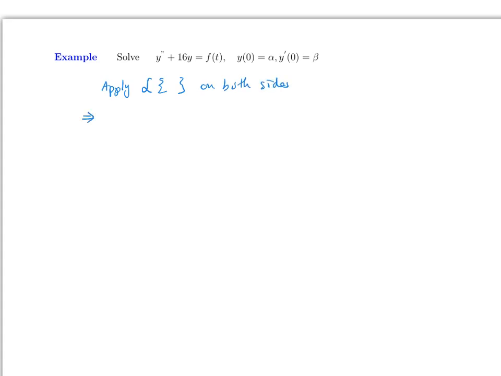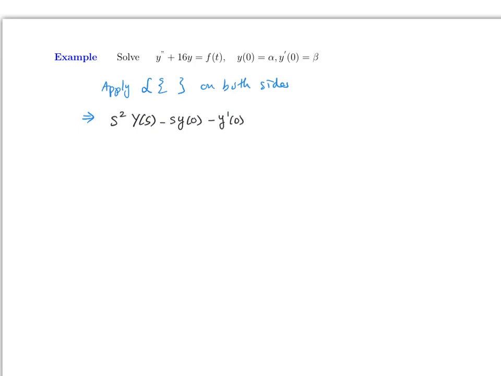So therefore, on the left side, we'll get s squared capital Y of s minus s y of 0. Just look to the table if you forgot the formula. Minus y prime of 0.